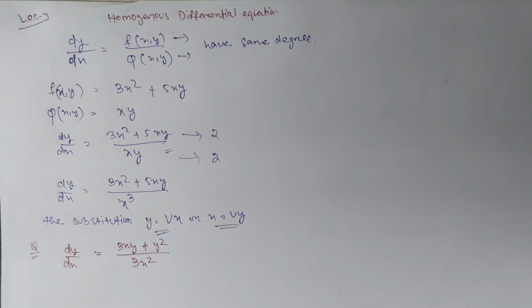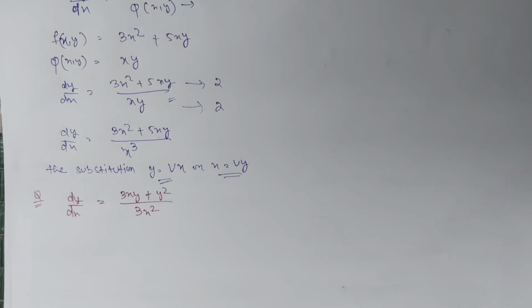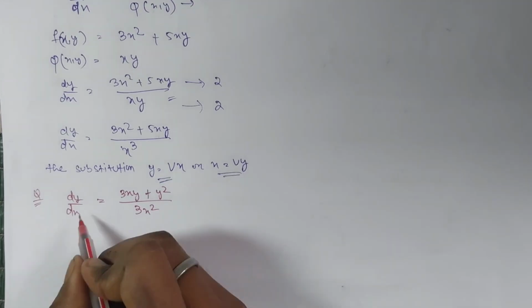We cannot solve it by the separation of variables method we studied previously, because the upper side is a function of both x and y, so we can't separate it. That's why we have to do something a little bit different.